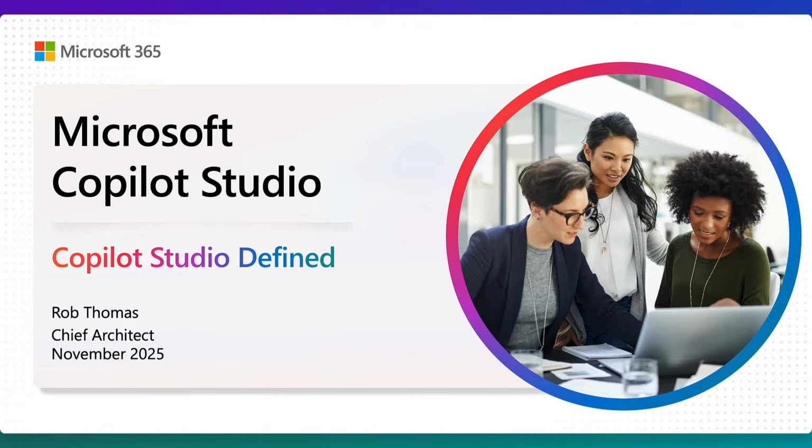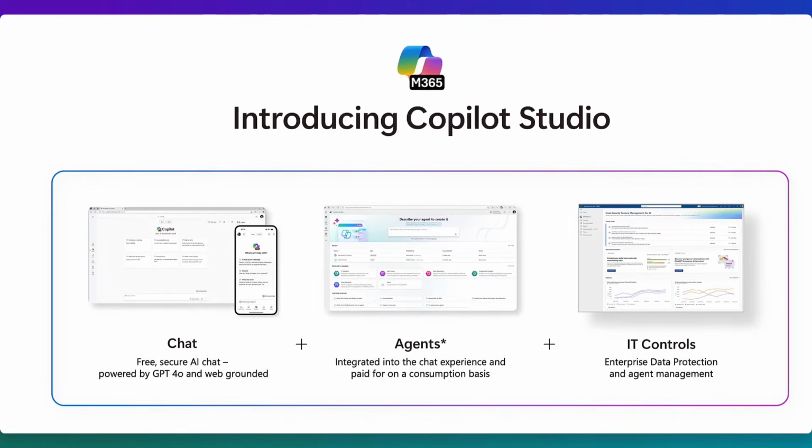So what I want to do is just jump over here and really show you, because we talked about this in previous videos, but I want to get into this. I want to talk about the actual studio, the whole process of creating an agent, and just basically explaining what is Copilot Studio, right?